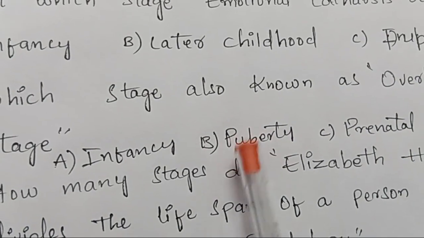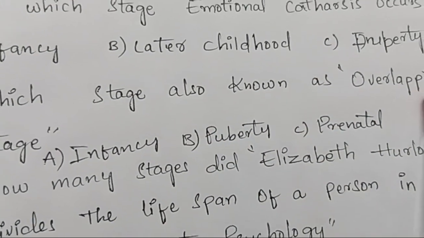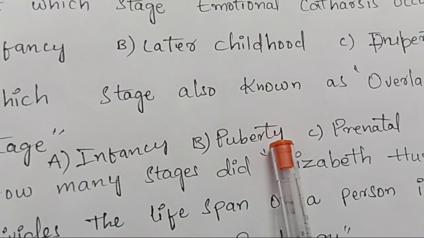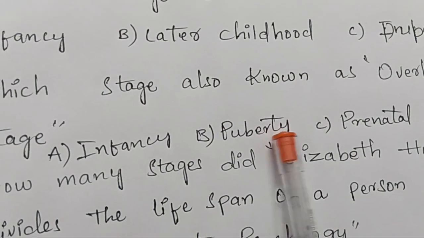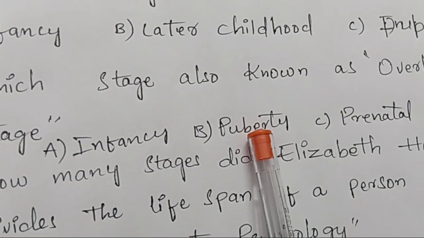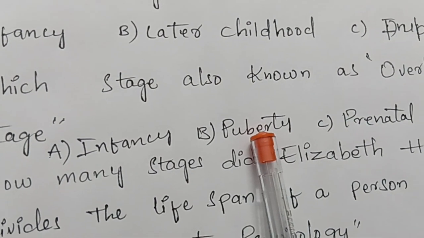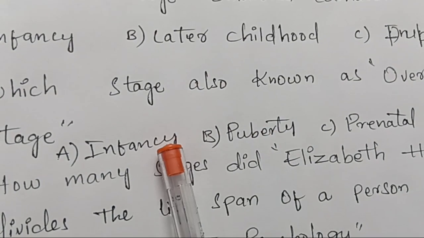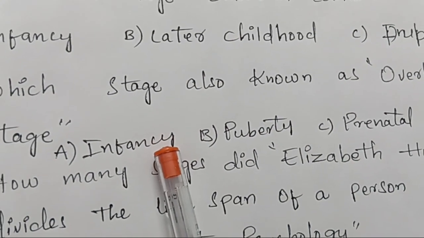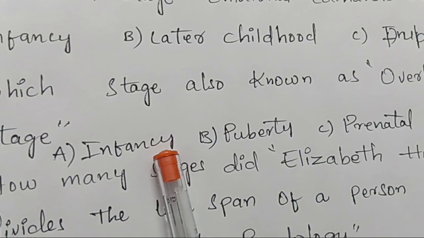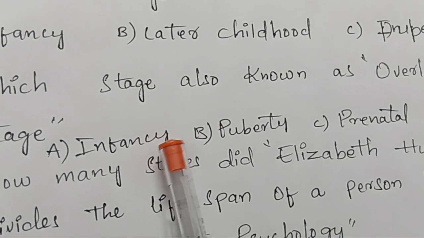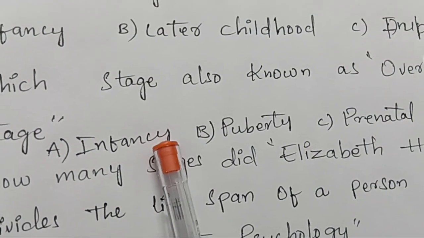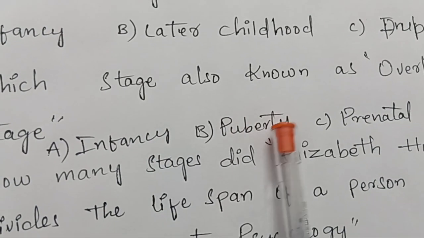As we all know, the puberty stage is also known as the overlapping stage. Why? Because it contains a short period of human life, but physical development is rapid in this stage. In the infancy stage also, the physical growth is more, but it is longer than the puberty stage.